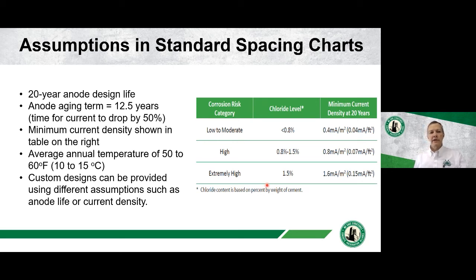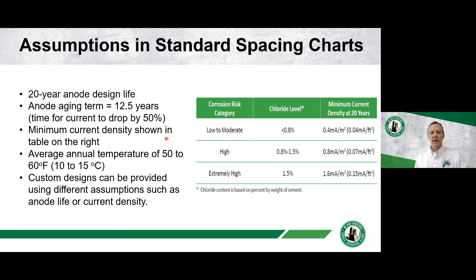Other assumptions that are in the standard spacing charts: the standard assumption is that it's a 20-year anode design life. The tables assume that the anode aging term is 12.5 years, so it's slightly more conservative than the 13 that I just showed there. And that's the time for it to drop by 50%.